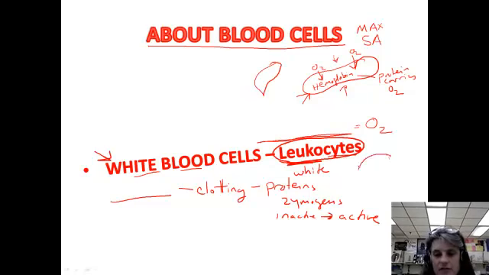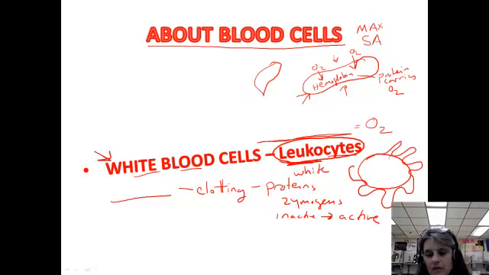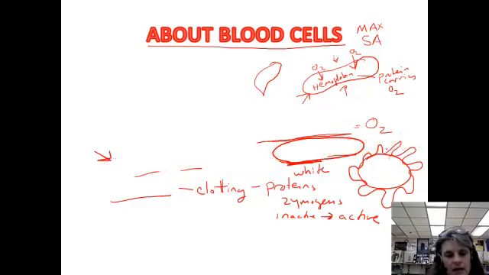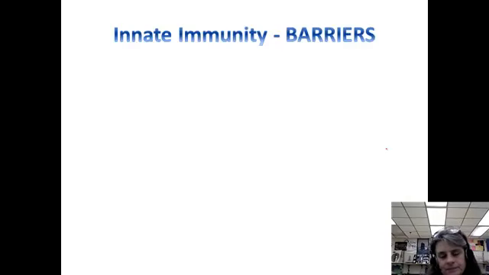Generally, leukocytes are the stereotypical big round cells, although some of them do tend to have pseudopods that come off of them, much like an amoeba would, and we'll talk about that, but they are not these flattened discs like we see with the red blood cells.